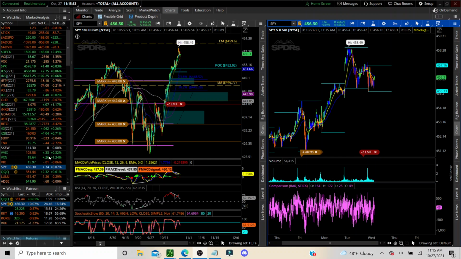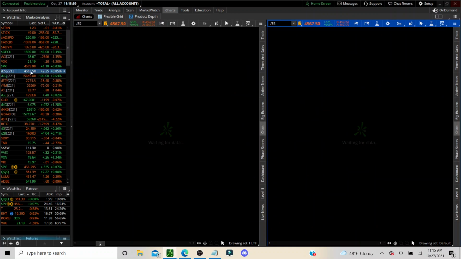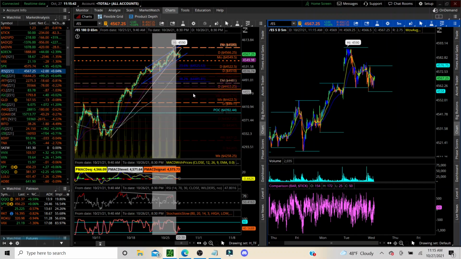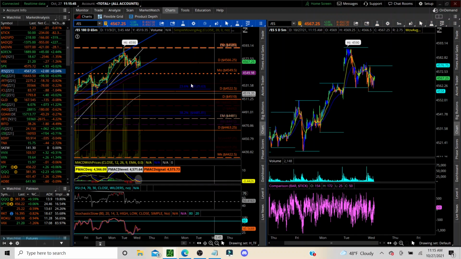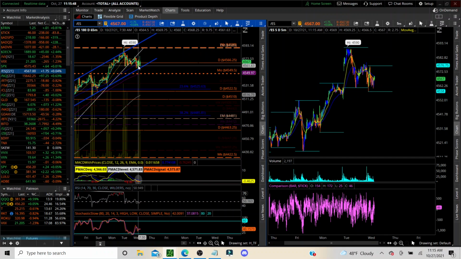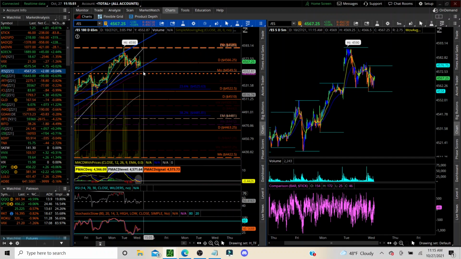So first, I want to take a look at the market. ES has been chopping back and forth in this range that may go on since we have GDP tomorrow morning. This may go on all day. I don't know, but if we break down from the channel, then we'll start having our move, no matter what happens tomorrow.